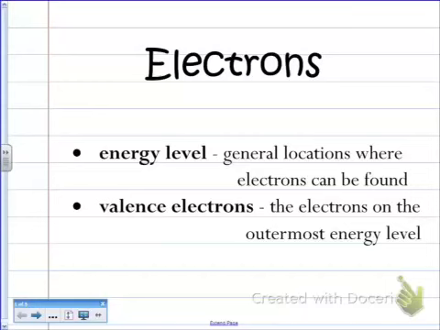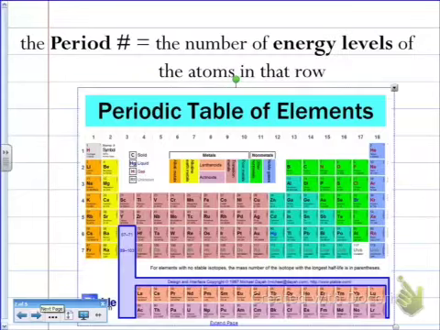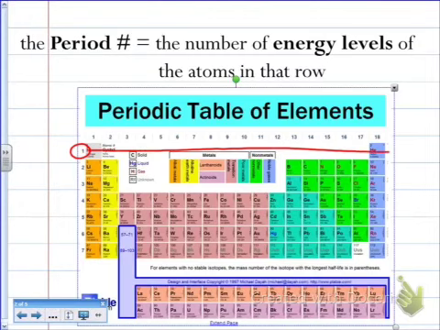Also, valence electrons are the electrons on the outermost energy level of an atom. That's going to be really important here in a few minutes. There's a couple of tricks. The period number tells you the number of energy levels of every atom in that row. So, for example, hydrogen is in period 1. Okay? Hydrogen and helium both have 1 energy level.